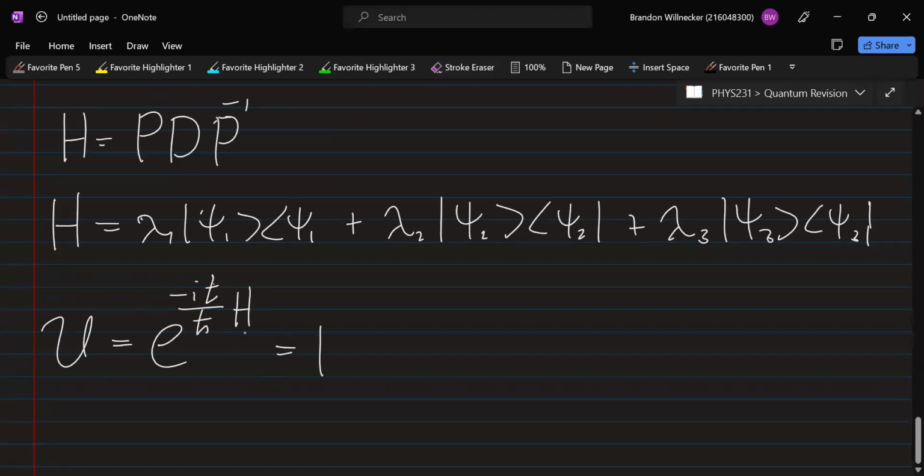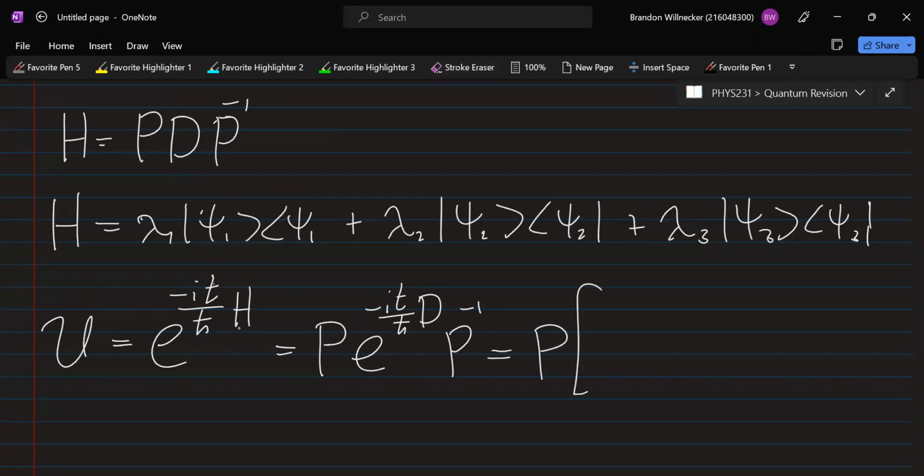So then this becomes P, e to the minus i t over h bar, sorry, D is in the exponent, times P inverse. But then this is just going to be P times, and then the exponential of a diagonal matrix. Remember what we do with that.